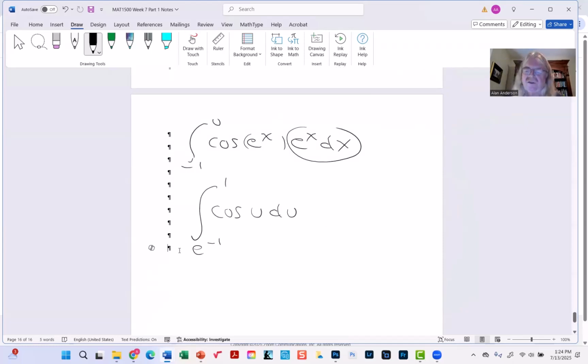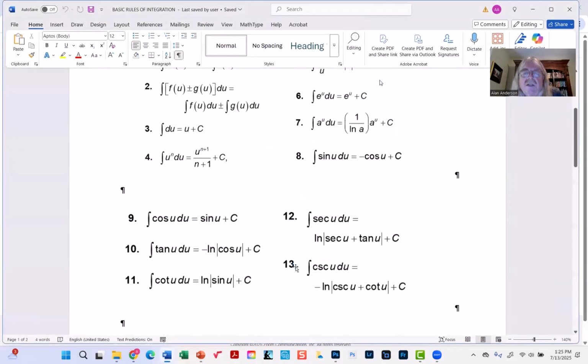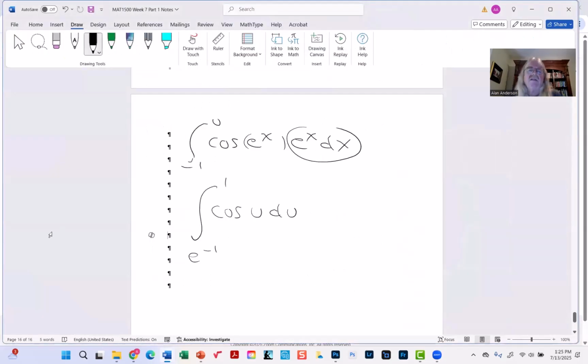Now it's been a while since we had to take a trig integral. So remember, I put together those little tables, but I have them open right here. So let's remind ourselves, what is the integral of cosine u? Just in case you haven't memorized it, that would be sine u. We don't need the constant because this is a definite integral.